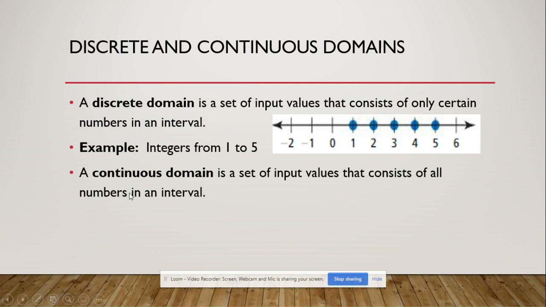In a continuous domain, it could be any number. Okay, if we switch from talking about basketballs to talking about gallons of water, I can have half a gallon of water. I can have 3/4 of a gallon of water. I can have 0.5678823 gallons of water. All of these are within the realms of possibilities.